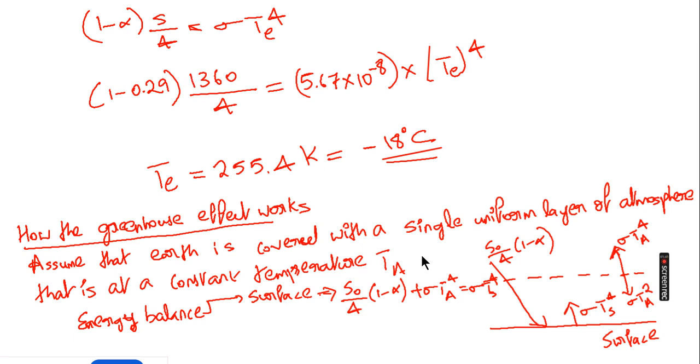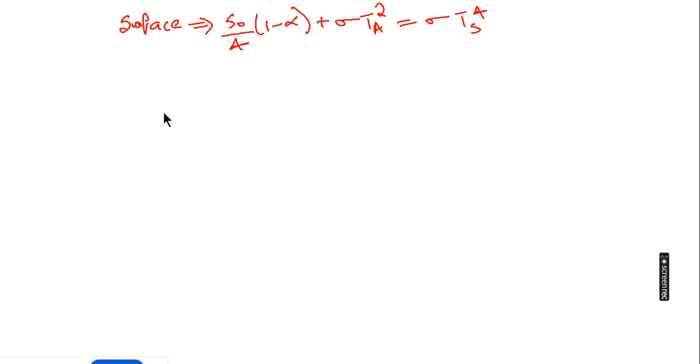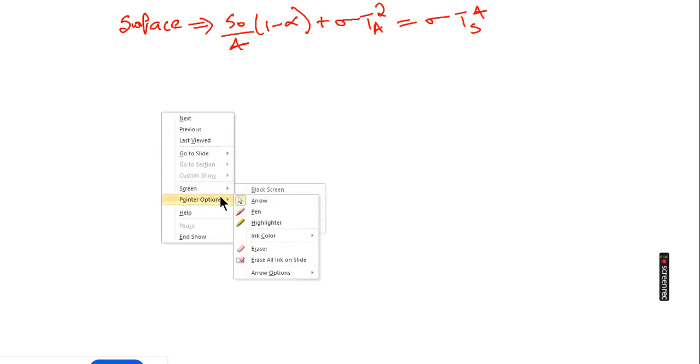So this is at the surface. Now we look at the energy balance at the atmosphere, the whole atmospheric column. Top of the atmosphere we will write.